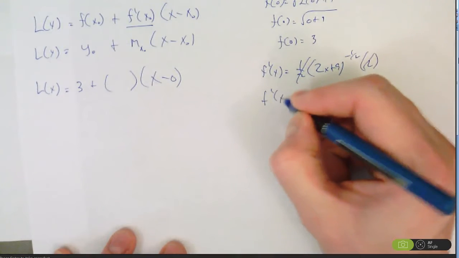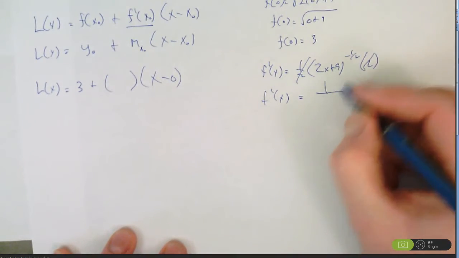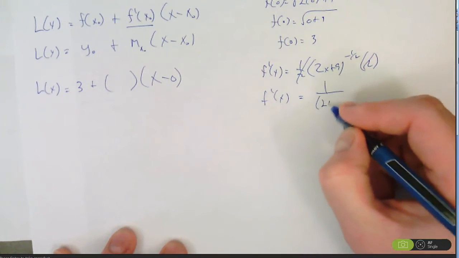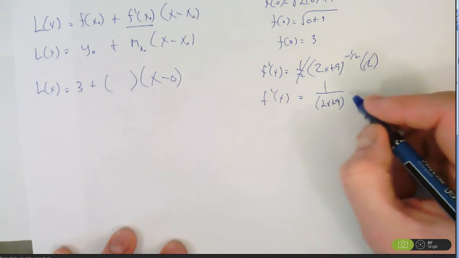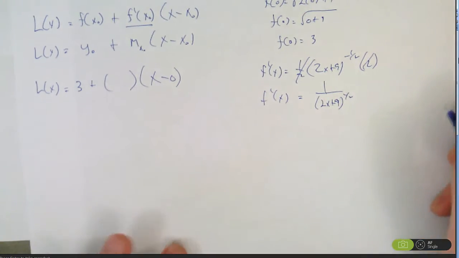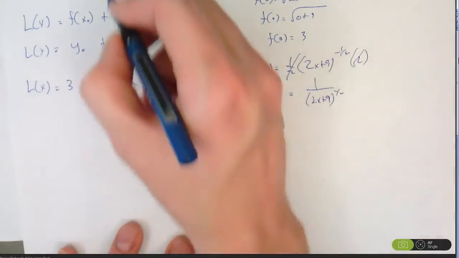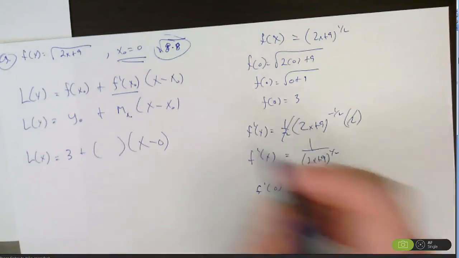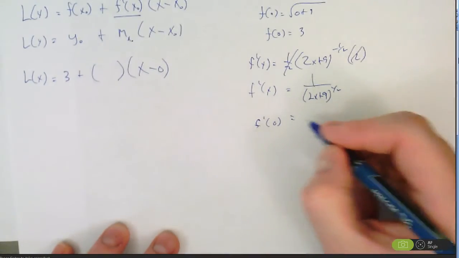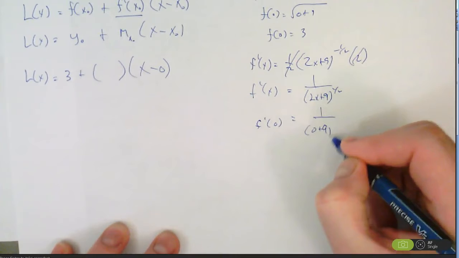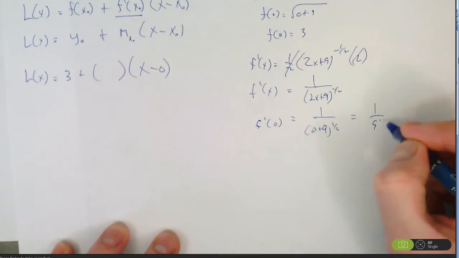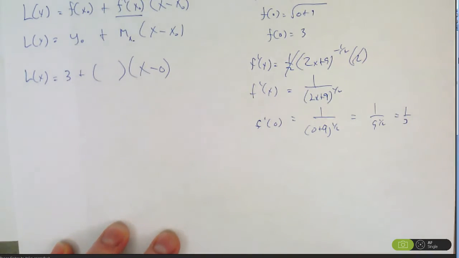I get f prime of x is 1 over, because this moves to the denominator now, 2x plus 9 to the 1/2 power. We'll now find f prime of 0, because that's what we have as our seed value, 0 right there. 1 over 0 plus 9 to the 1/2 is 1 over 9 to the 1/2, which is 1 over 3.